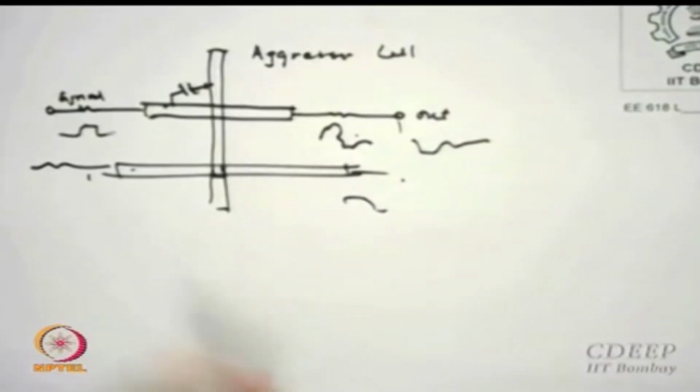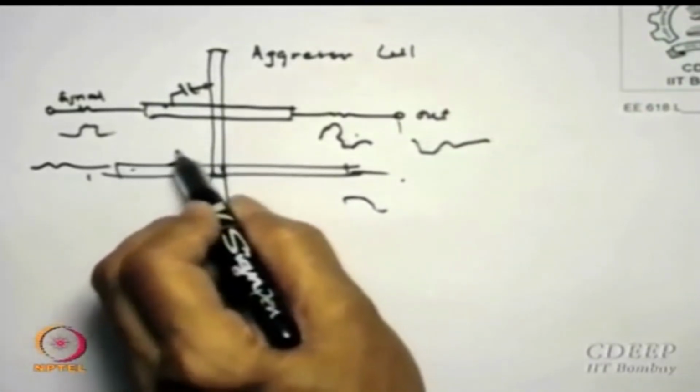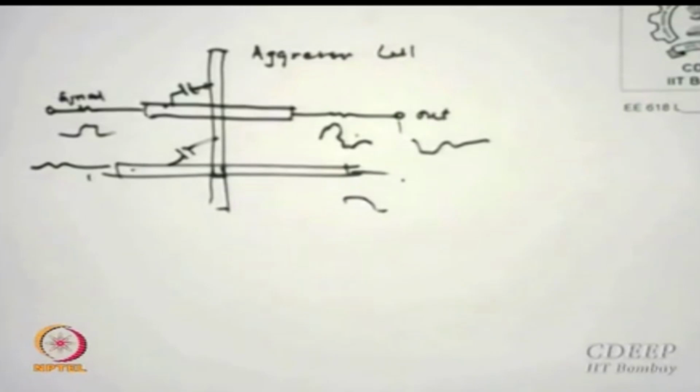Is that clear? So whatever change is occurring between these two lines will get eliminated because of the difference outputs with the difference inputs.